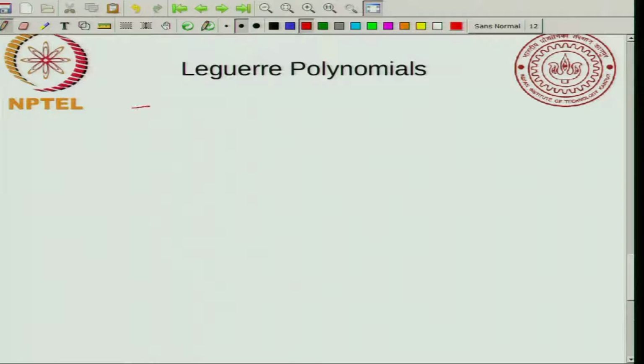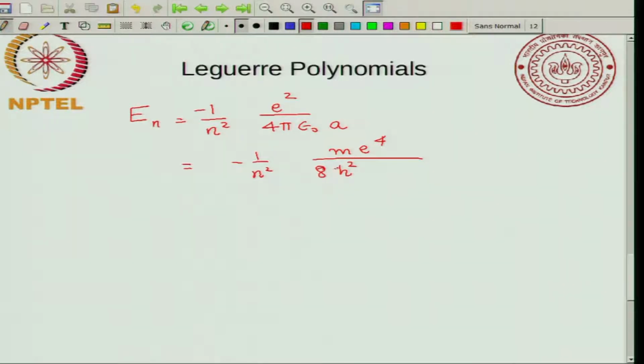So what you will get is that E, and I will put a subscript n, goes as 1 by n square with a minus sign, and you will have e square by 4 pi epsilon 0 a, and if you substitute the value of a, you will get minus 1 over n square times m e to the 4 divided by 8 h square epsilon 0 square, and this is the usual energy expression for the bound state.